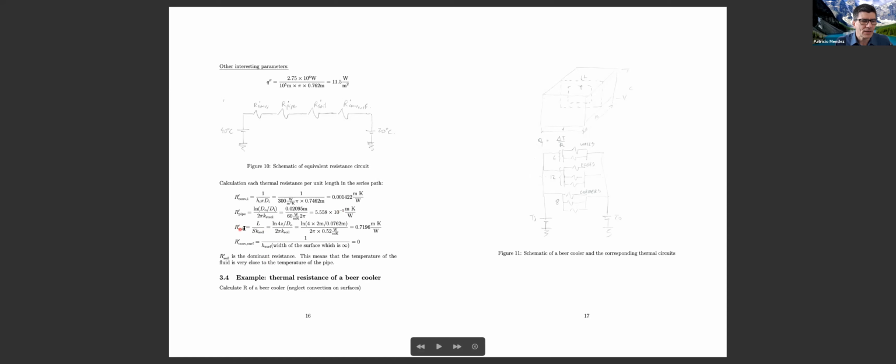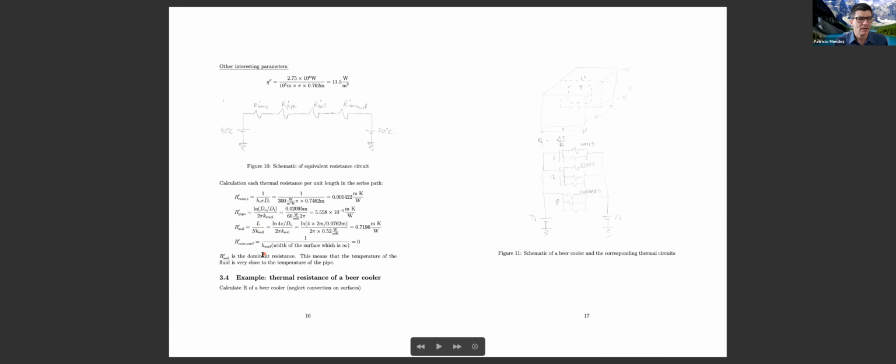The thermal resistance per unit length of the soil would be the resistance that was 1 over S k times L. And we replace these values here and look at what we get. This resistance per unit length is 0.7, compared with 10 to the minus 3, 10 to the minus 4, 5. It's almost 1.